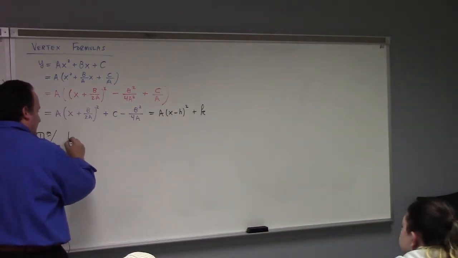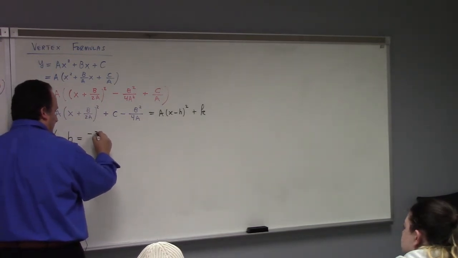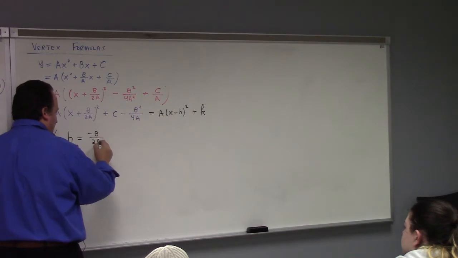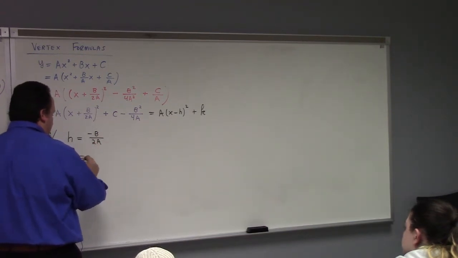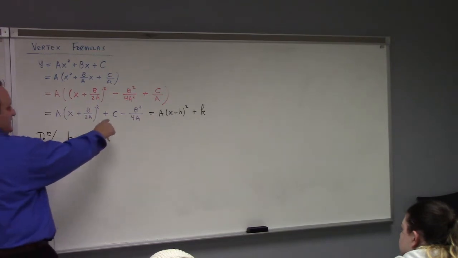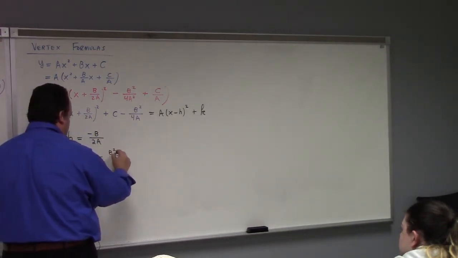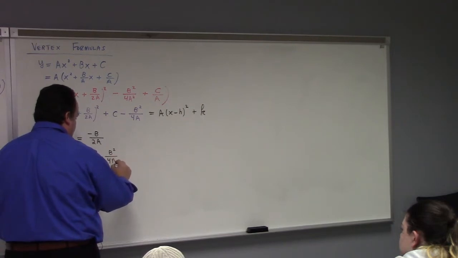The formula for h is simply minus b over 2a. The formula for k is what? It's this stuff here: c minus b squared over 4a.